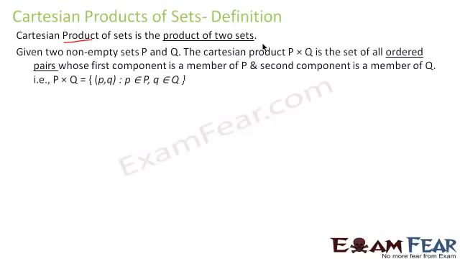In terms of sets, the Cartesian product P into Q, this is how we'll say it: P into Q is the set of all ordered pairs whose first component is a member of P and second component is a member of Q. So it will be of the form (p, q).